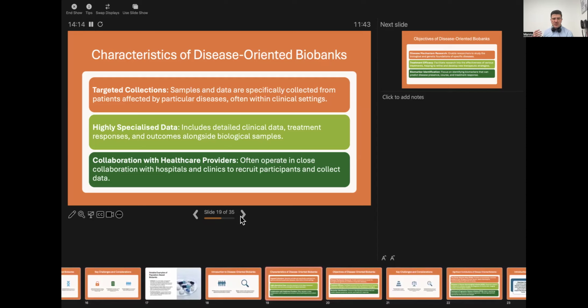That means that we target collections, so patients affected by a particular disease within clinical settings, detailed clinical data, treatment responses, outcomes alongside biological samples, and then usually there's close collaboration with hospitals and clinics so that recruitment is ensured.